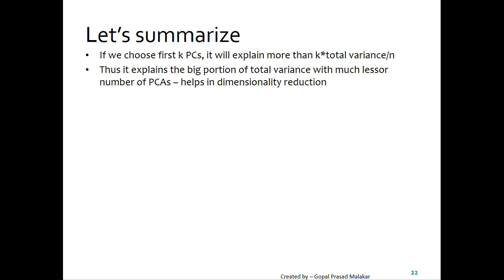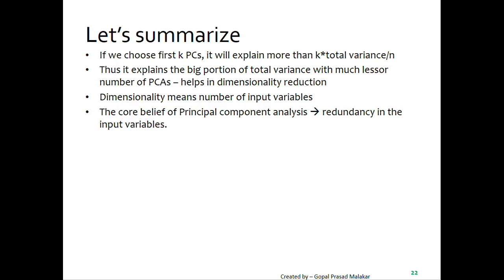So if there are 10 variables, probably 2 or 3 itself can explain say 90% of the variance. You can just work with the 2 or 3 dimensions. The dimensionality here actually means the number of input variables. If there are 10 input variables, the dimension is 10. The core belief of principal component analysis is that there is redundancy in the data, the redundancy in the input variables.